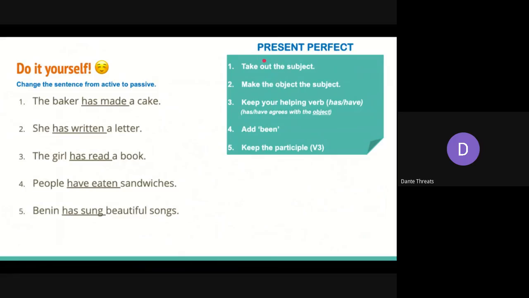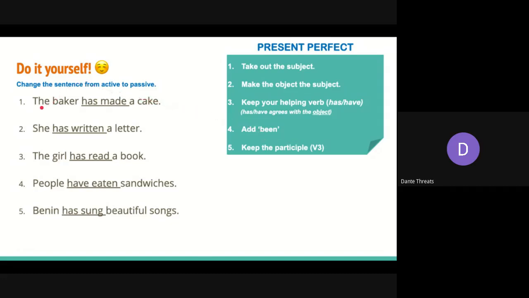Okay, number 1, yes, we take out the subject. 2, make the object the subject. Okay. 3, here we are keeping the helping verb if it's has or have. Okay. We add been and then we keep the participle, right?